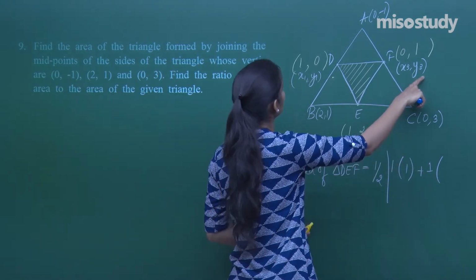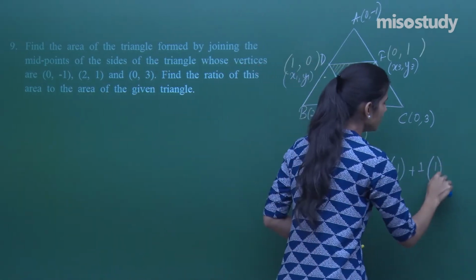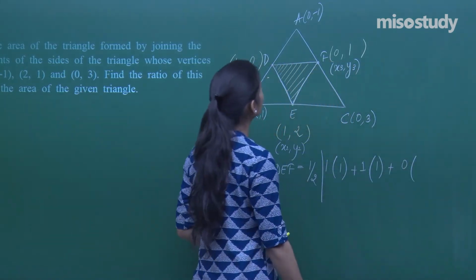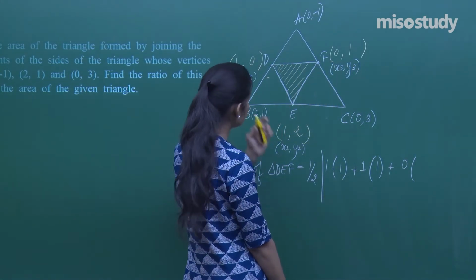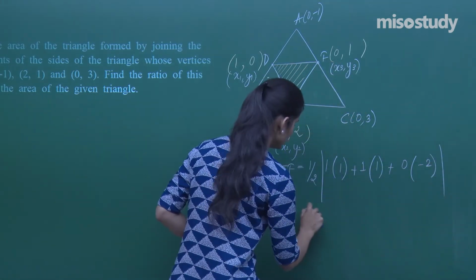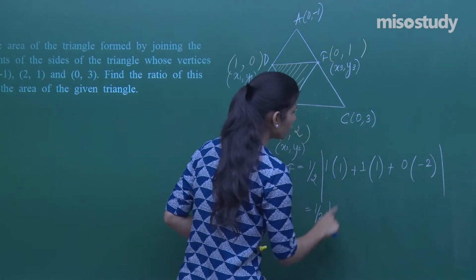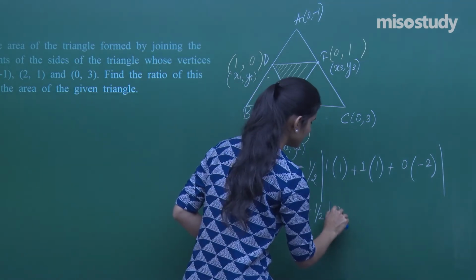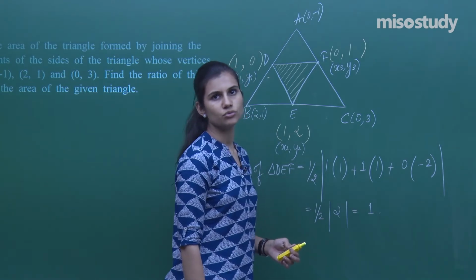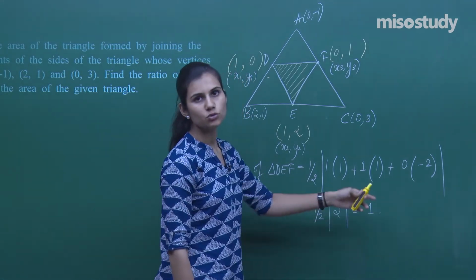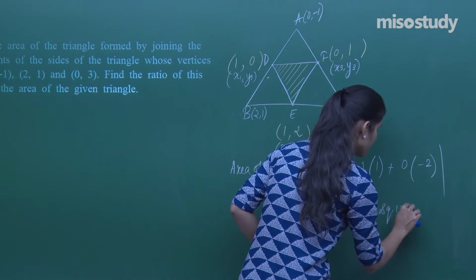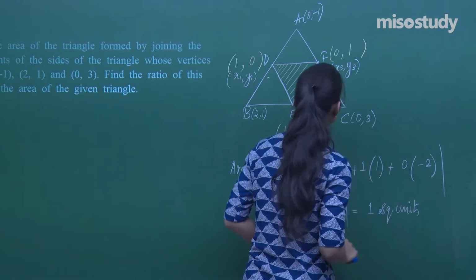So you have 1 minus 0, which is 1, plus x3 (y1 minus y2). So you have 0 minus 2, that is minus 2. So this gives you 1 by 2 mod of 1 plus 1, that is 2. So you get 1 by 2 into 2, that is 1. So 1 square units is the area of this small triangle.